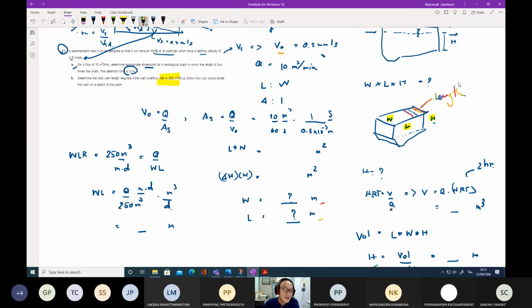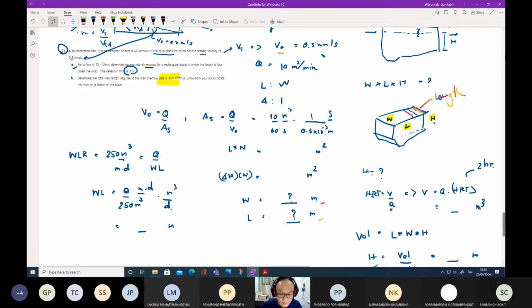So if you only install at the edge of the tank, at the end of the tanks, especially for the rectangular chamber, mostly we need an extra outlet for this case.